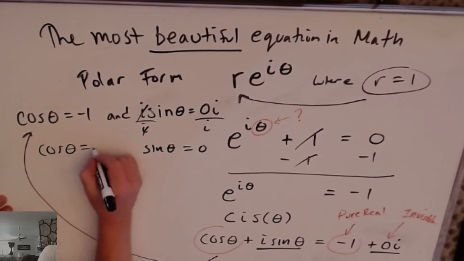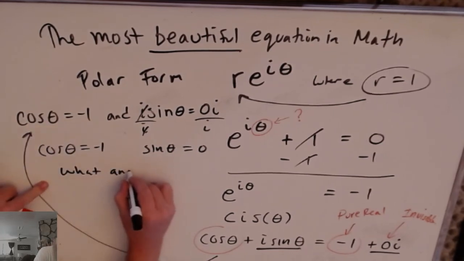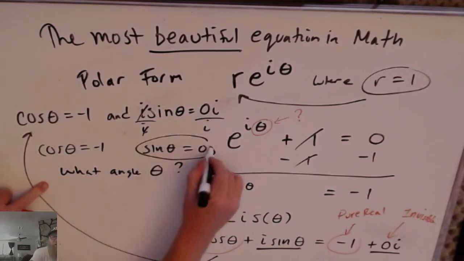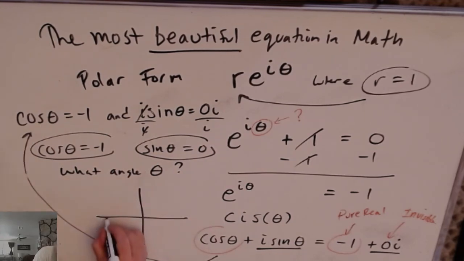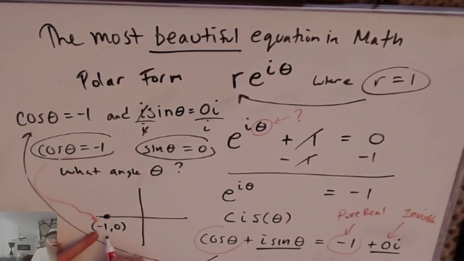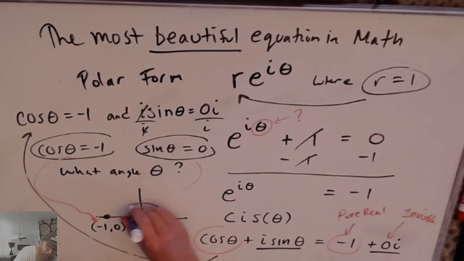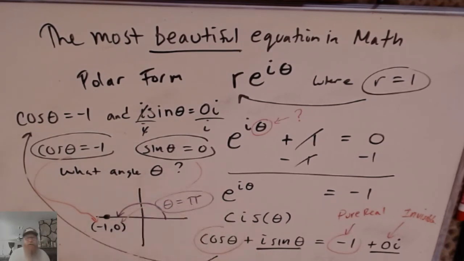So think about your unit circle. What angle has a sine of 0 and a cosine of -1? And it should be a standard angle on the unit circle. Cosine is -1. Sine is 0. And so this angle you all know as pi, or 180 degrees.